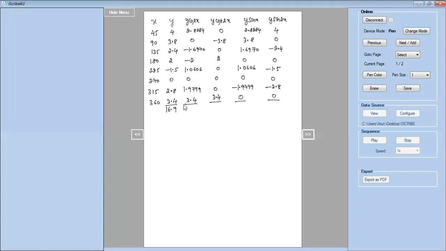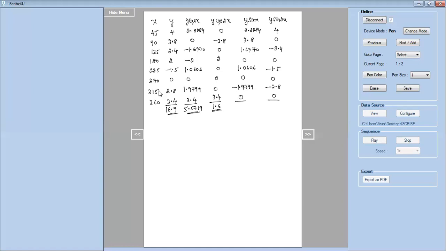So y cos x sum is 5.5719. Now similarly y cos 2x. If I add all these values, it comes around 1.6. Next, y sin x.